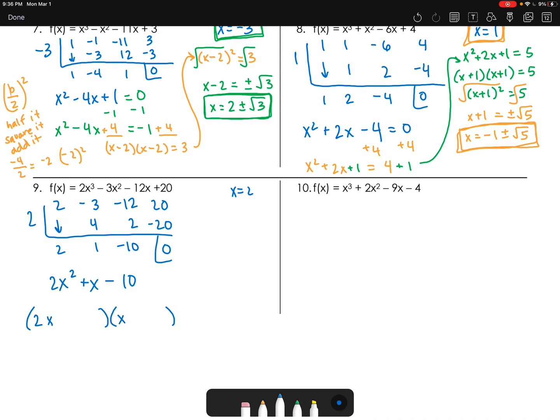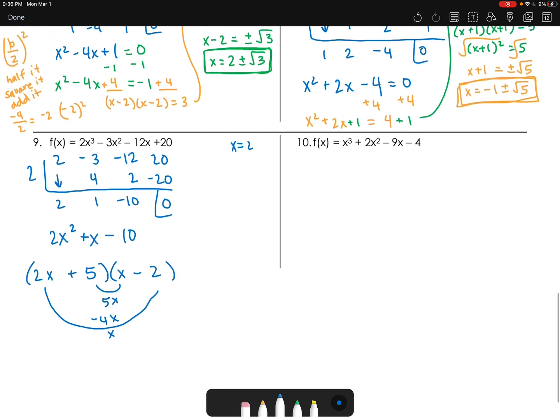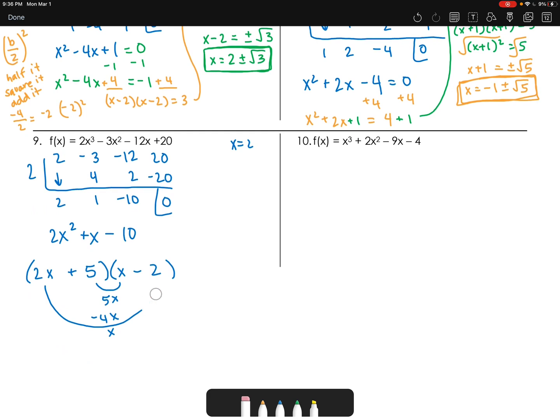Okay, I need 10. Let's try 5 and 2. This will give me 5x, this will give me 4x. So if I want +1, I need +5x and -4x to give me x here. And so that will give me the correct signs.